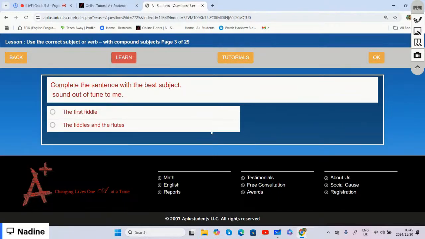All right, the next one says, the first fiddle sound out of tune to me, or do we say the fiddles and the flutes sound out of tune to me? Which one is correct?